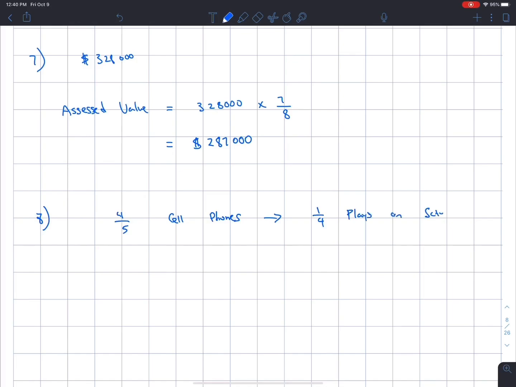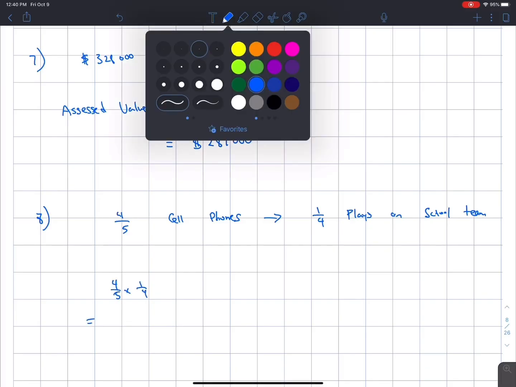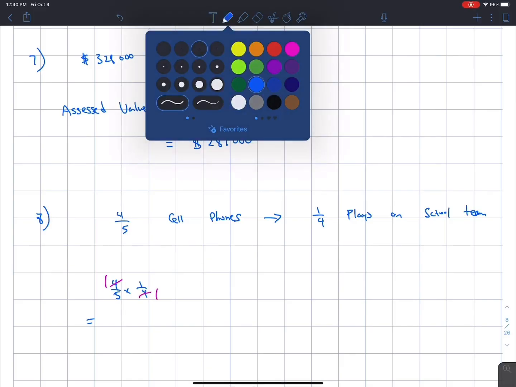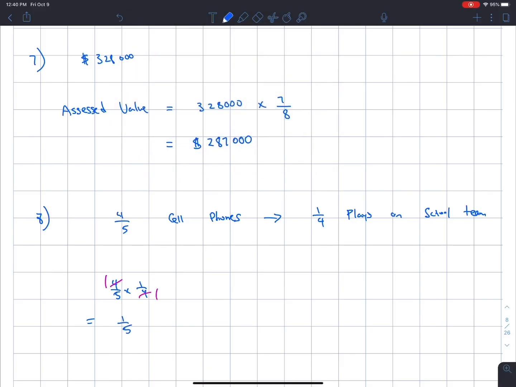So again, we will just multiply them. So this will be 4/5 times 1/4. I can simplify, divide by 4 to get 1, divide by 4 to get 1. And I get 1/5.